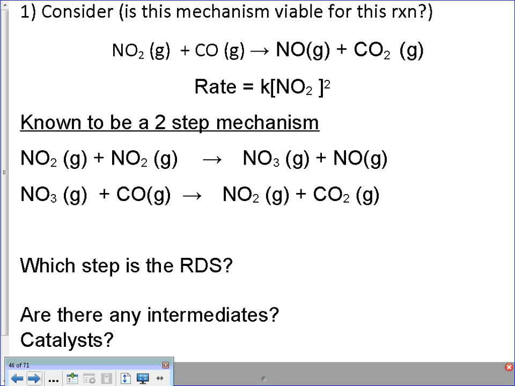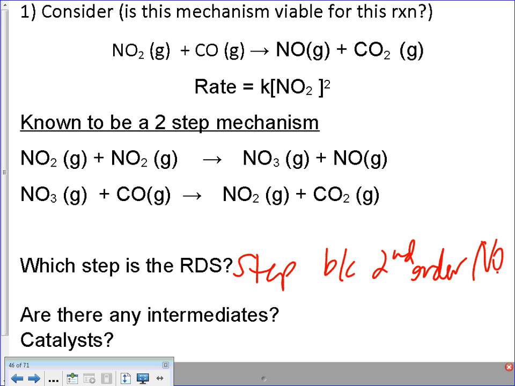So what are you comparing that to in step 1? The 2 NO2s. So step 1 is the rate determining step because of the second order nature of NO2, from the first step having 2 NO2s in it. So the molecularity matches the rate law.